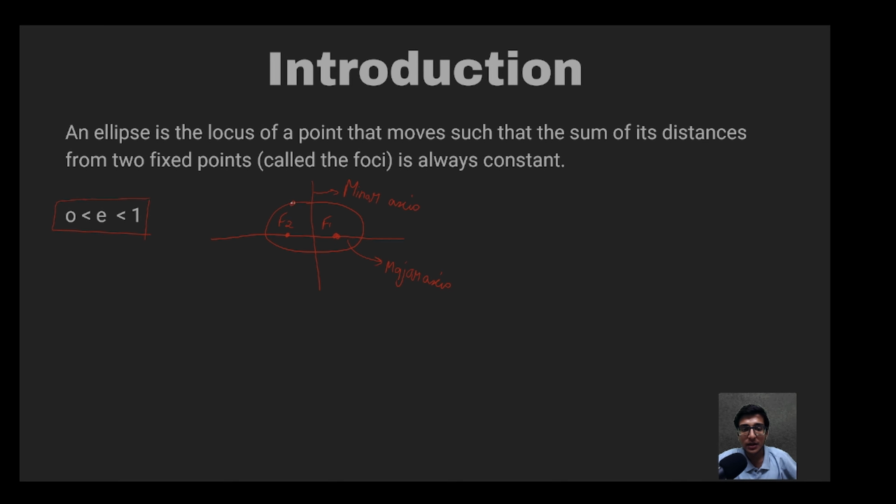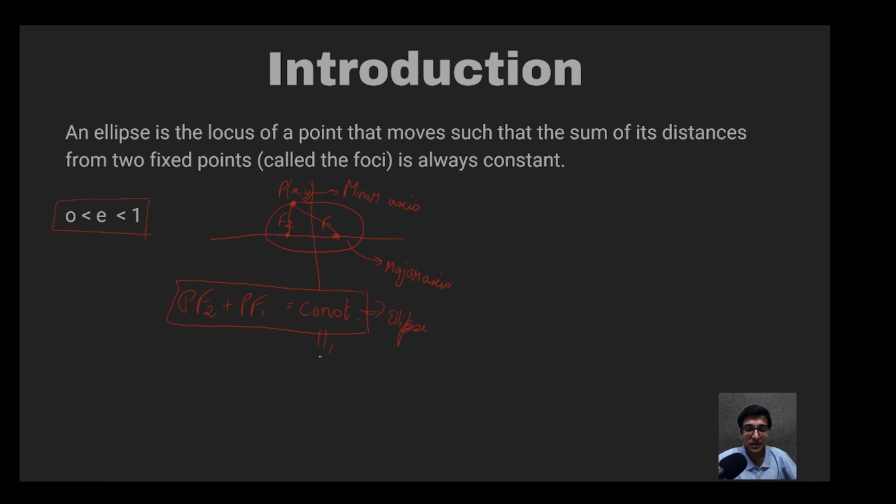And let us take any point P, (x, y) on this ellipse. Now the sum of the distances PF2 and PF1 would always remain constant. That means PF2 plus PF1 is equal to a constant, always.